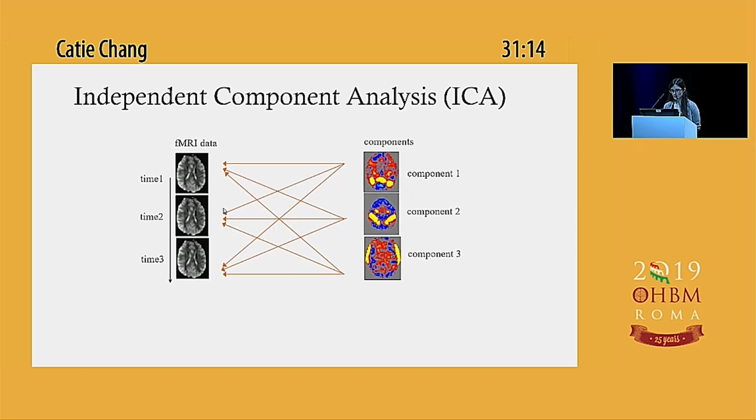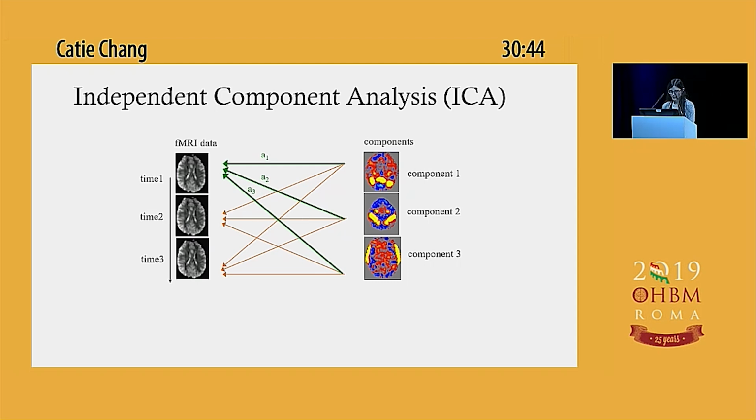And then what we get, if we're doing spatial ICA, is a set of components that linearly combine at each time point to generate the observed data. So in other words, at every given time point in our fMRI data, we can model that as a mixture of the activity that's coming from these different components. So at time 1, we might get some coefficient A1 times this pattern plus A2 times component 2 and so forth.